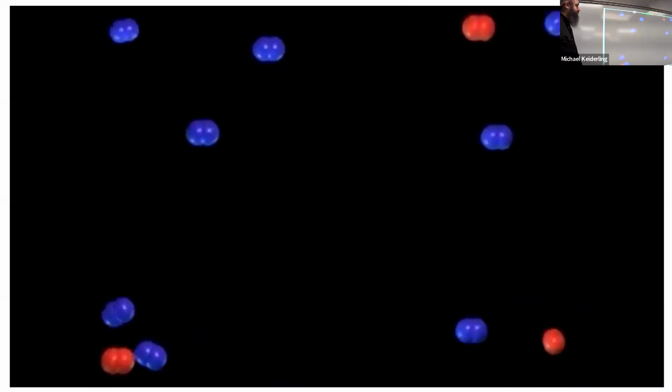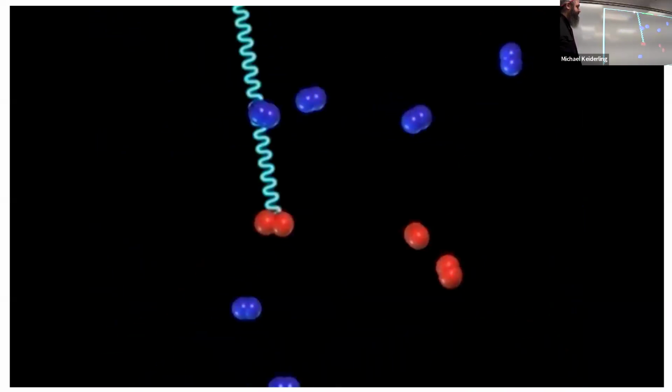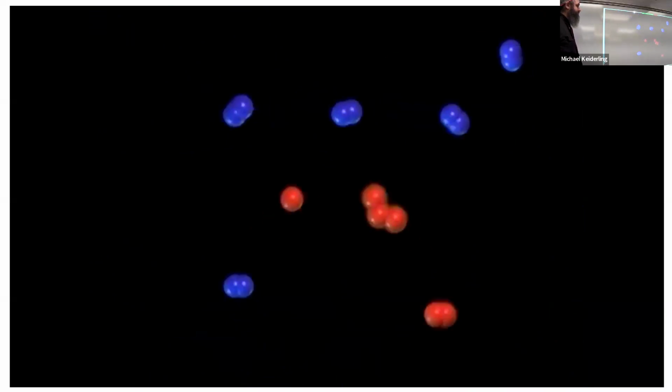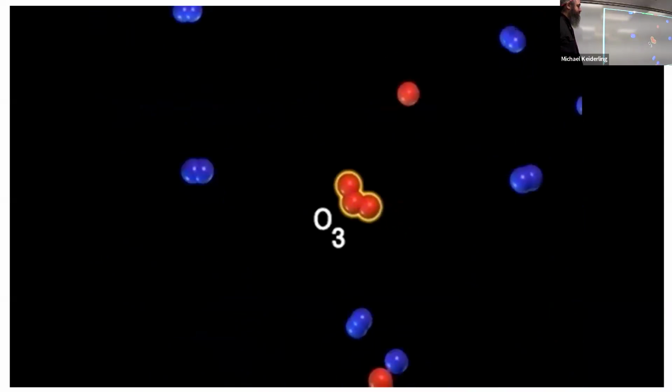When short wavelength ultraviolet light strikes an O2 molecule, it dissociates into oxygen atoms. When an oxygen atom collides with an oxygen molecule, an ozone molecule, O3, may be formed. The O3 molecule that is formed has excess energy, the energy released when the oxygen atom combines with the oxygen molecule.